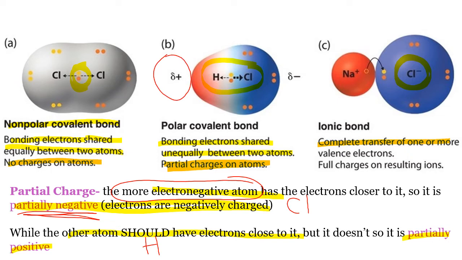And that is what these symbols represent: partially negative on the right and partially positive on the left. It's not fully positive because it's not an ionic bond. The full only goes with ionic, but it is partially charged.